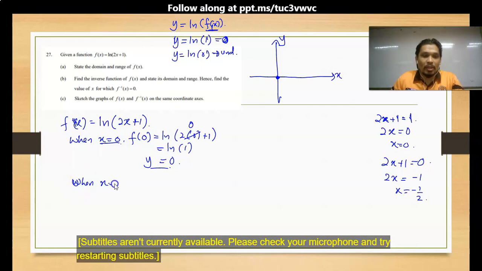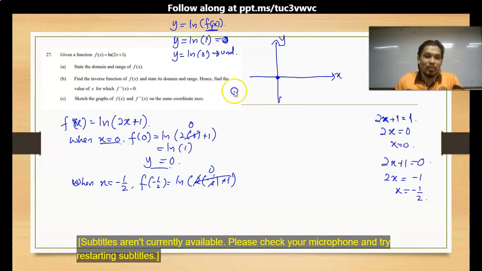When x equals negative 1 over 2, f of negative 1 over 2 equals natural log of 2 times negative 1 over 2 plus 1. 2 divided by 2 equals negative 1, negative 1 plus 1 equals 0, then natural log of 0 is undefined.